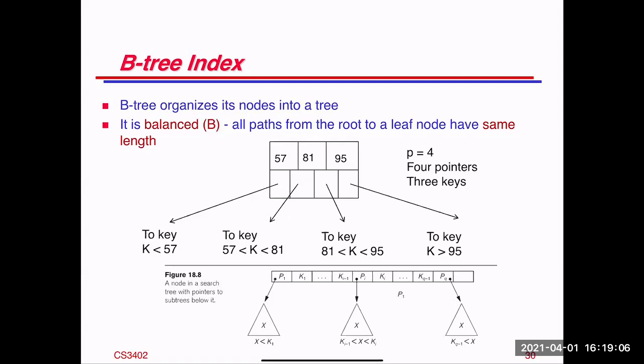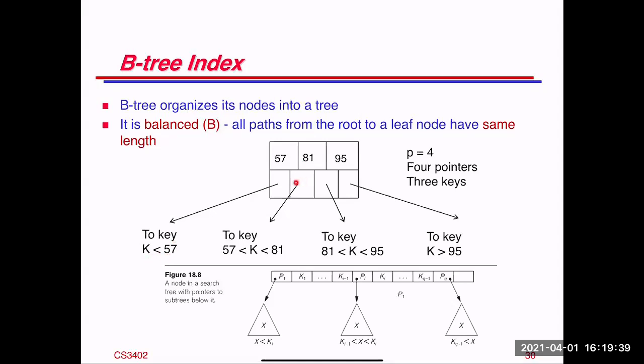So what this means here is that I have 3 different key values here, 57, 81, and 95. And now I have these 4 pointers. The first pointer points to a subtree, or rather to a node, and the whole subtree below this will only have key values that are less than 57.